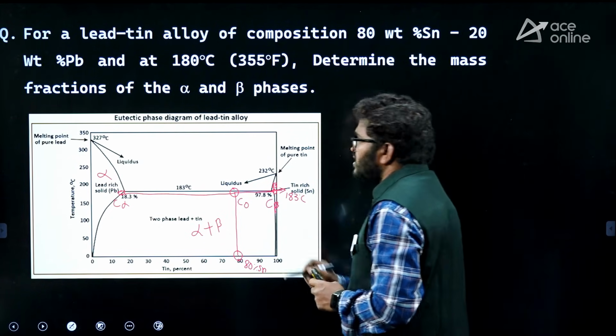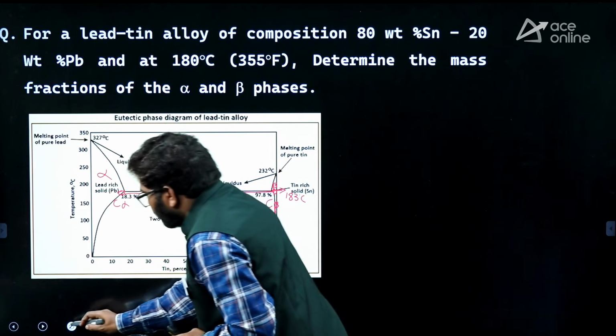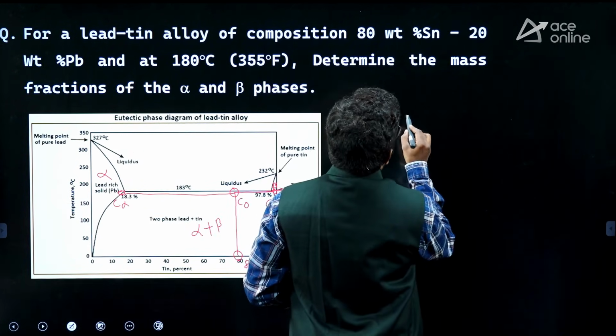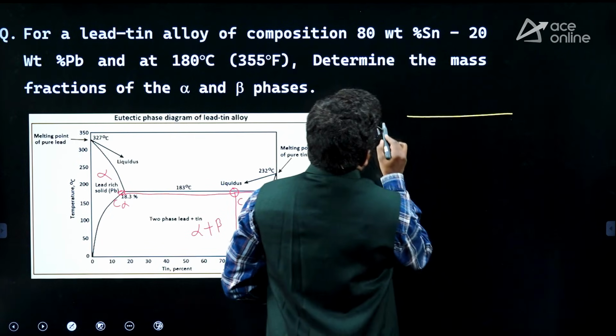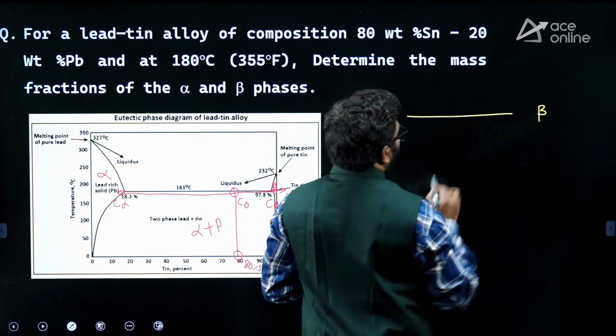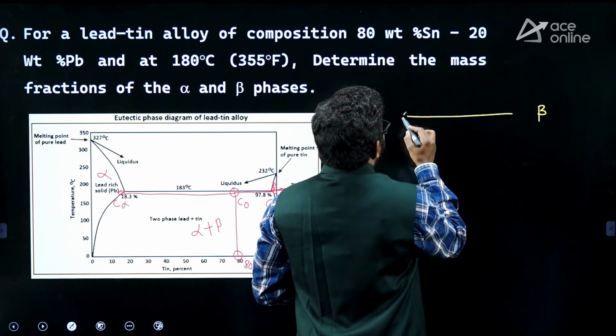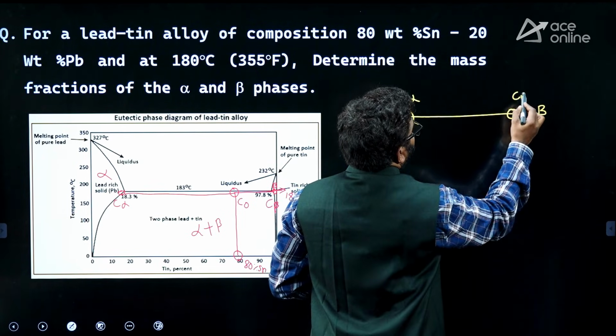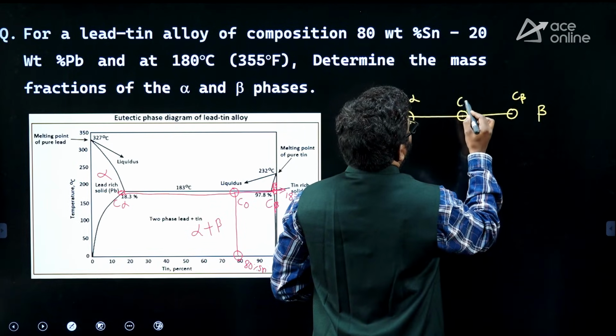Now, let us take the lever line. Left side I will take alpha, right side I will take beta. This is C alpha, this is C beta, and this is C naught.